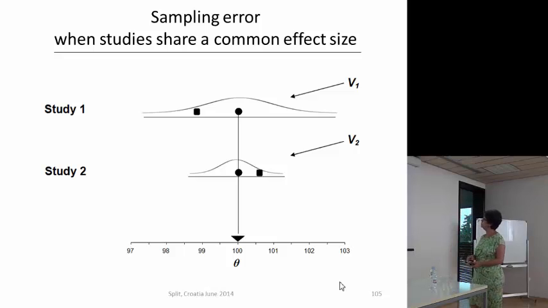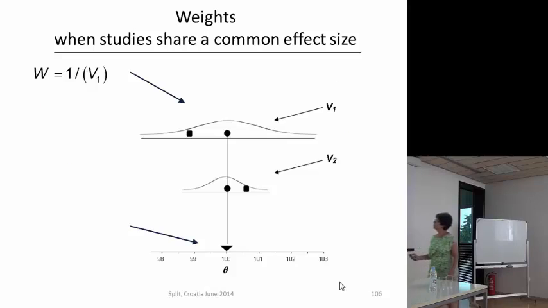So in this particular case, we have two studies where the true effect is the same, but because of sampling error variation, the observed effect in study 1 and the observed effect in study 2 look different.